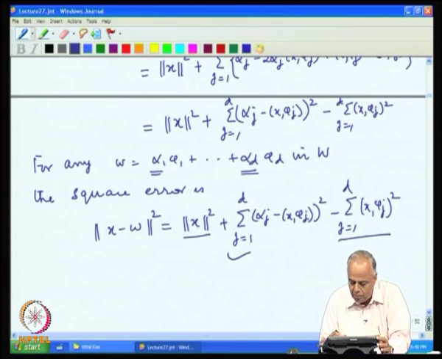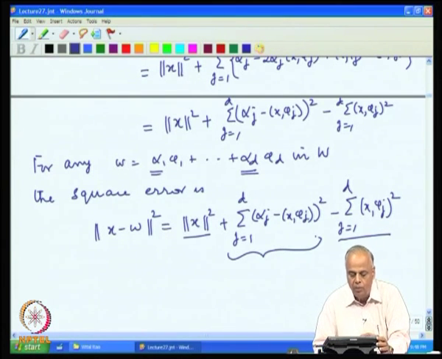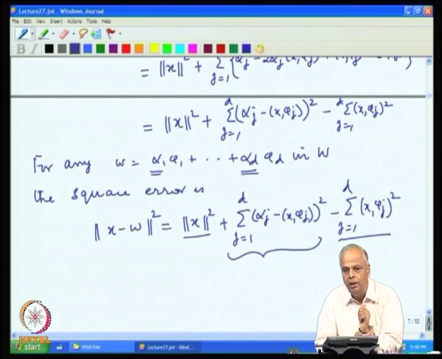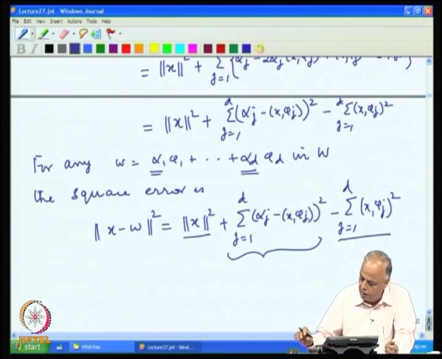The alphas appear in the middle term. Now, if we want to make it minimum, this is the sum of squares, so each term is non-negative. So, the best way to make it minimal is by making each term 0.